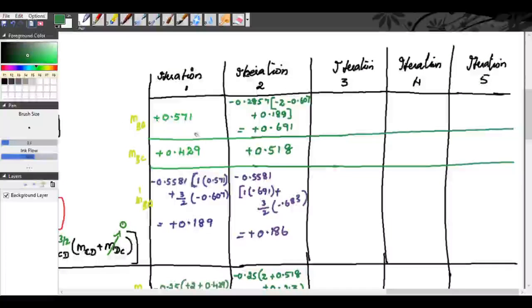So, the values for the third cycle: MBA is equal to plus 0.713, MBC is equal to plus 0.535.